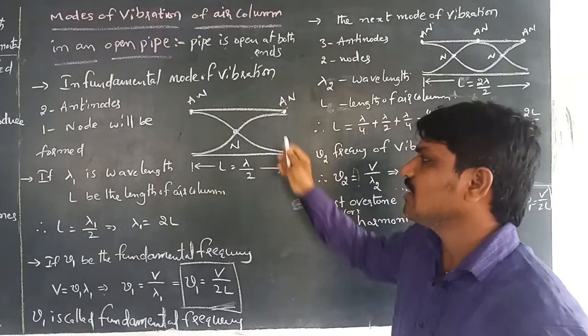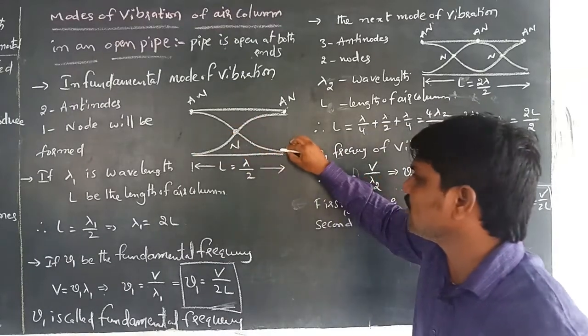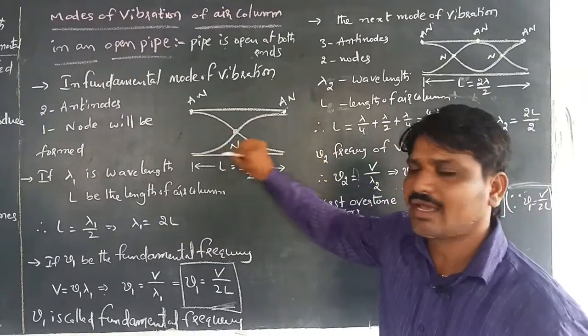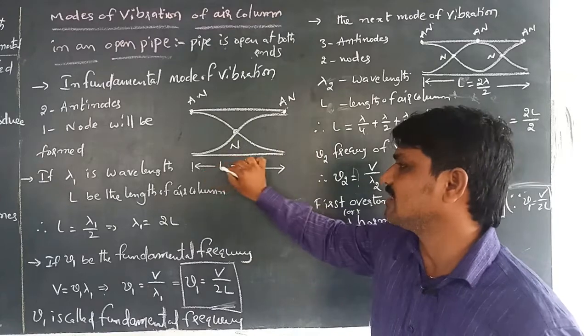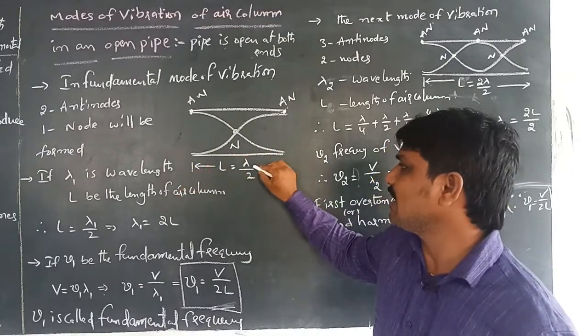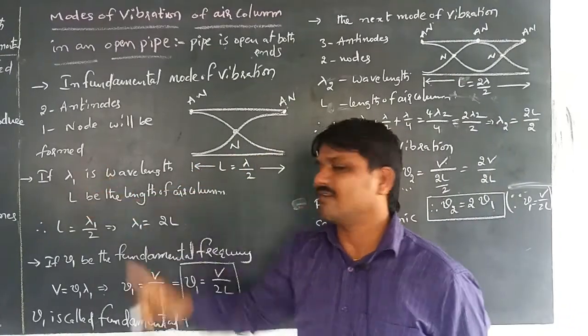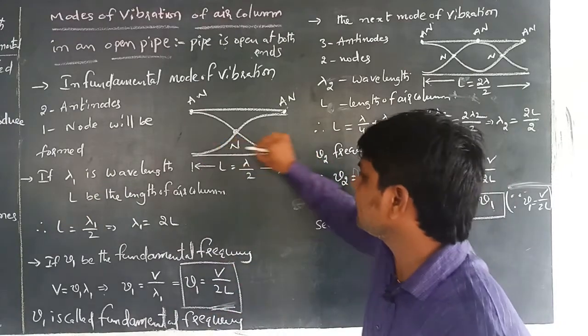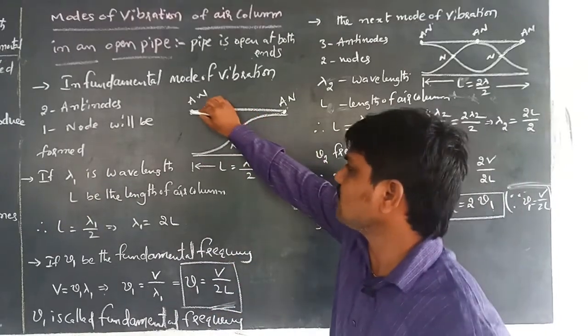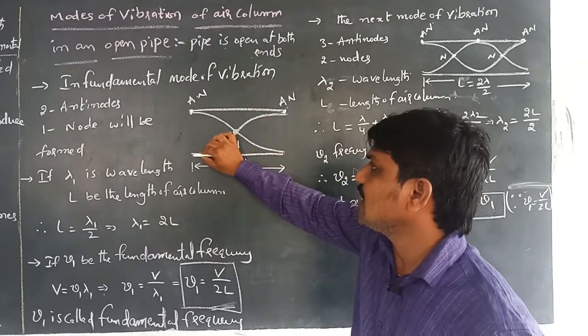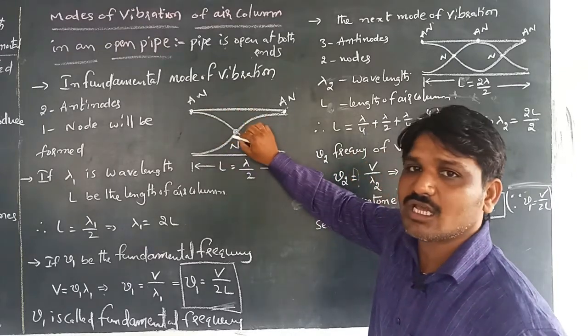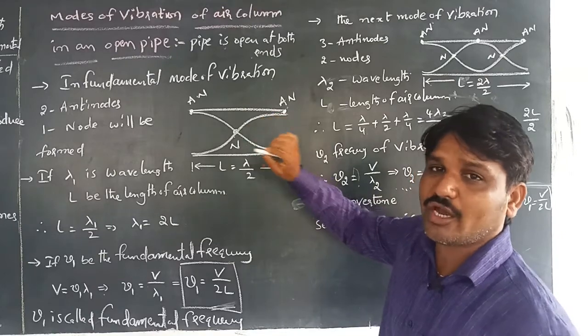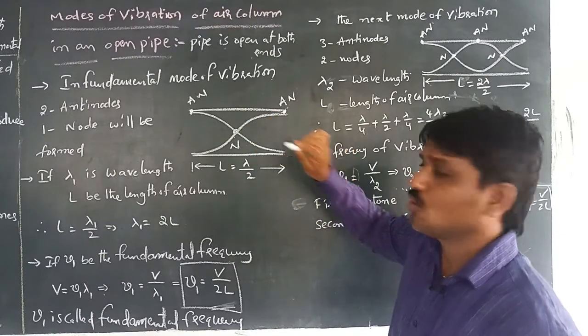When the length of the air column is denoted by L, and lambda 1 is the fundamental wavelength, the distance between a node and the adjoining antinode is lambda by 4.